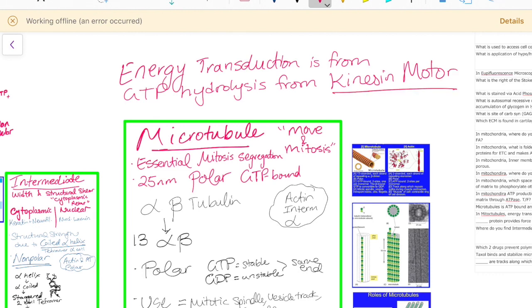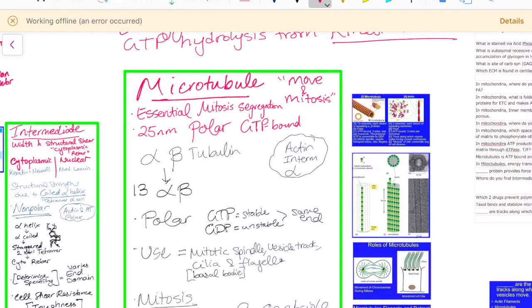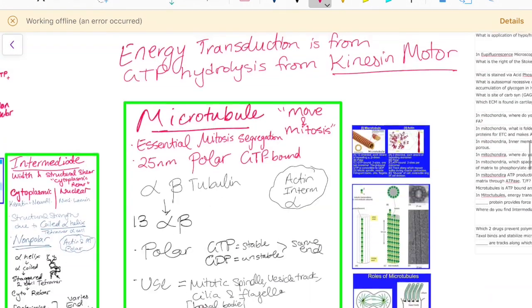So the energy transduction is from a kinesin motor, and that is both in mitoses and moving of the cilia and other uses. So in mitosis only you have both use of dynamic instability and treadmilling, but the energy is always from the kinesin motor.